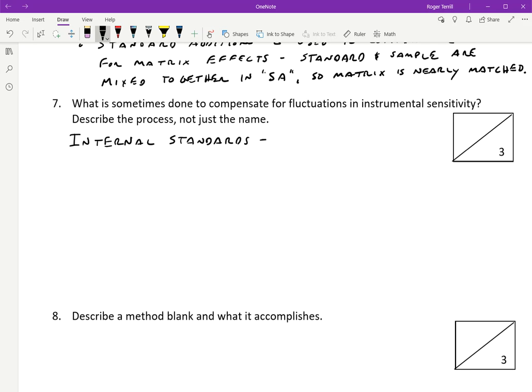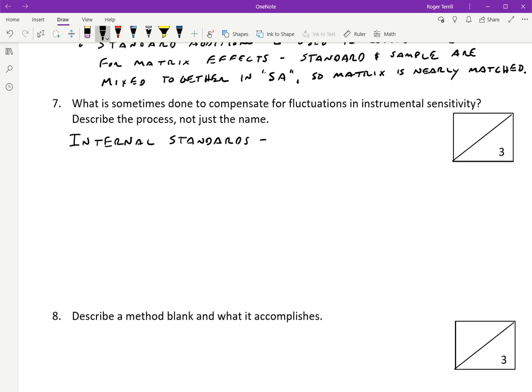So the internal standard has to behave pretty much like your analyte does in the instrument, and it has to be measurable in the sample, resolved from the analyte and any other possible interference.